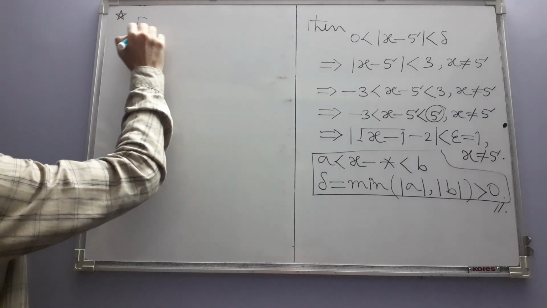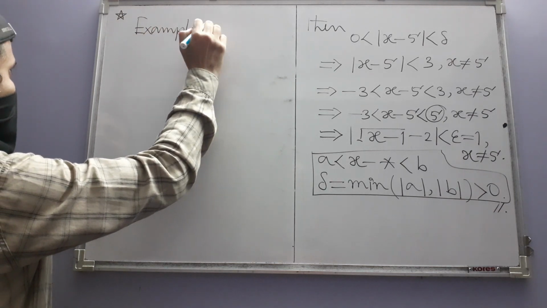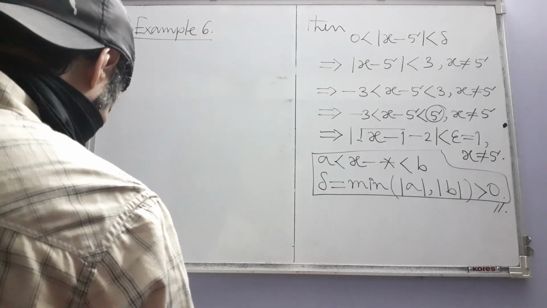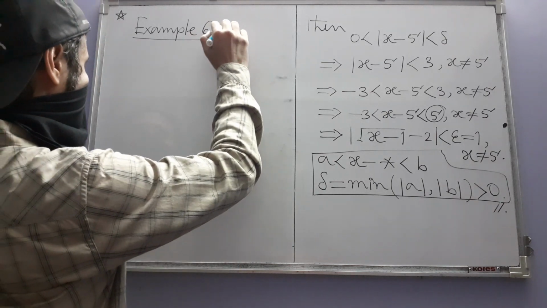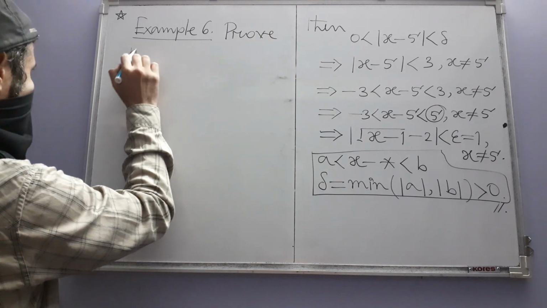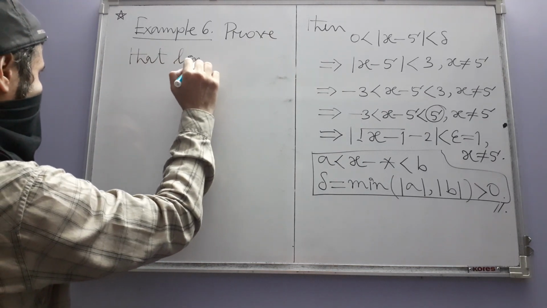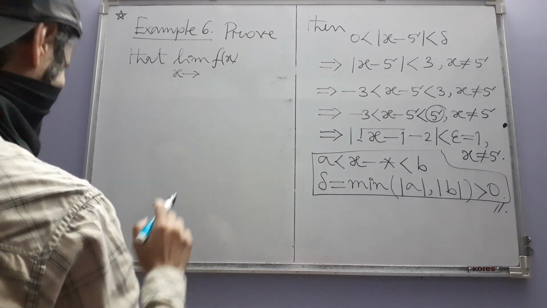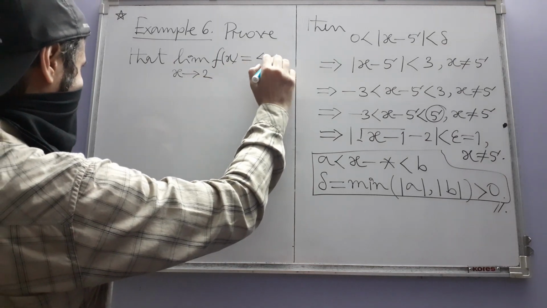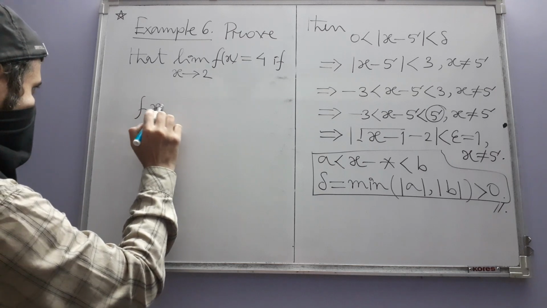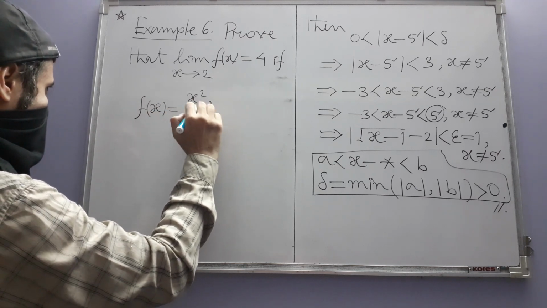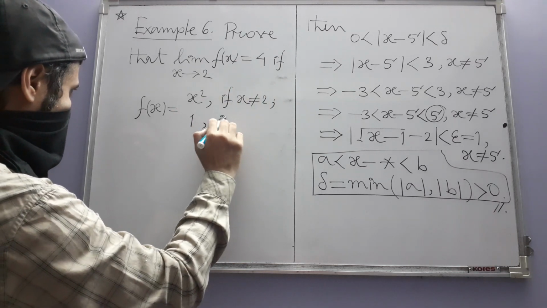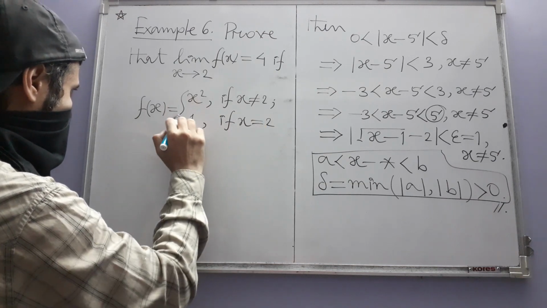Example 6. Prove that the limit of f of x as x approaches 2 is 4 if this is the function f: x squared if x is not equal to 2, and 1 if x is equal to 2.